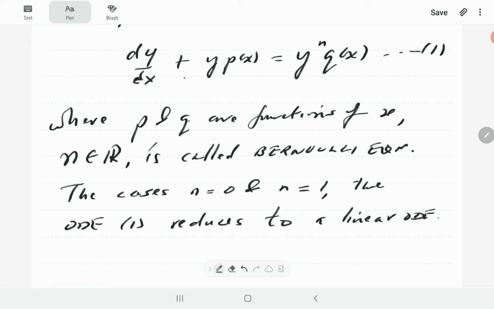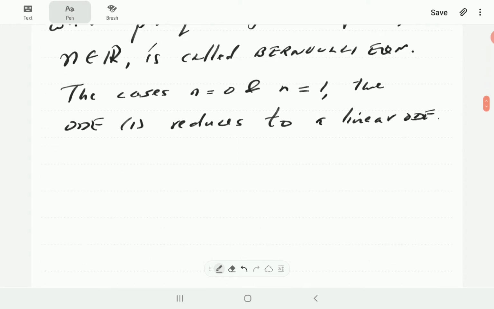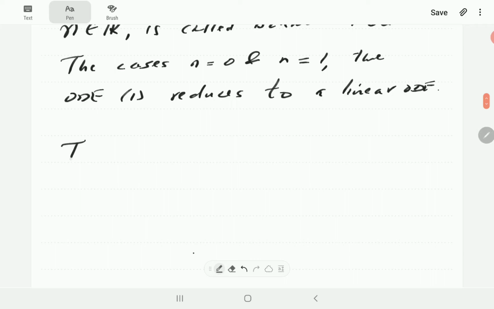Okay, and then for the cases where n is different from 0 or 1, this theorem is going to help us to deal with that.